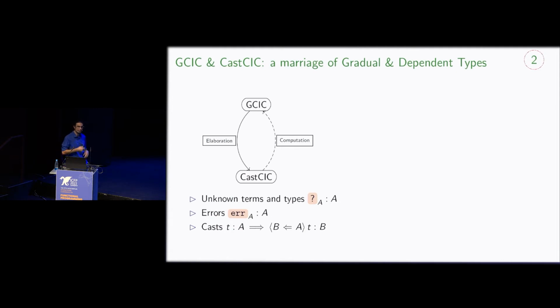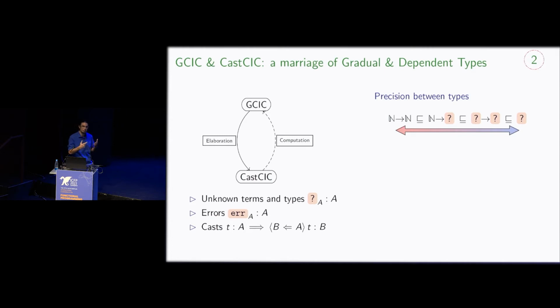In order to control these casts, a notion of precision between types gives us information about how precise the type that we have is. So the most precise types are the static types, while where we lose precision, we get to the unknown type, which is actually maximal for the precision order.